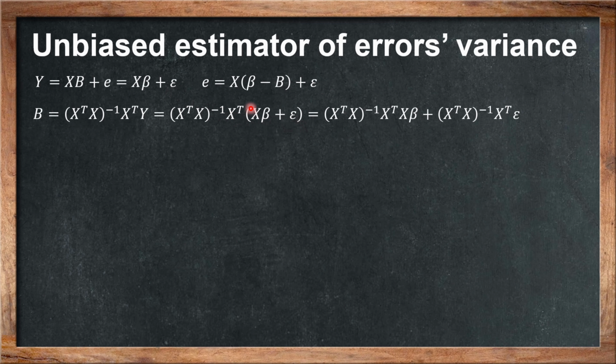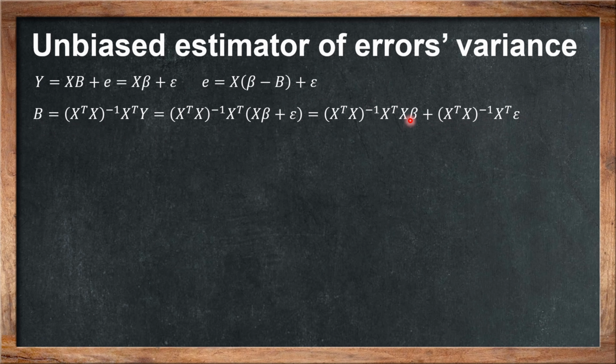And then if we remove the parentheses, we end up with (X transposed X) inverted X transposed X beta, plus (X transposed X) inverted X transposed epsilon. And we see here that we multiply the inverse of a matrix by the same matrix, which gives us the identity matrix, and identity matrix times beta is just equal to beta. That's why b will be equal to beta plus (X transposed X) inverted X transposed epsilon.